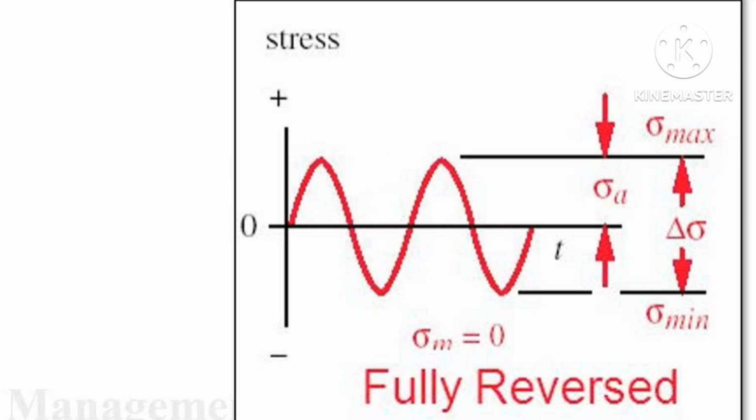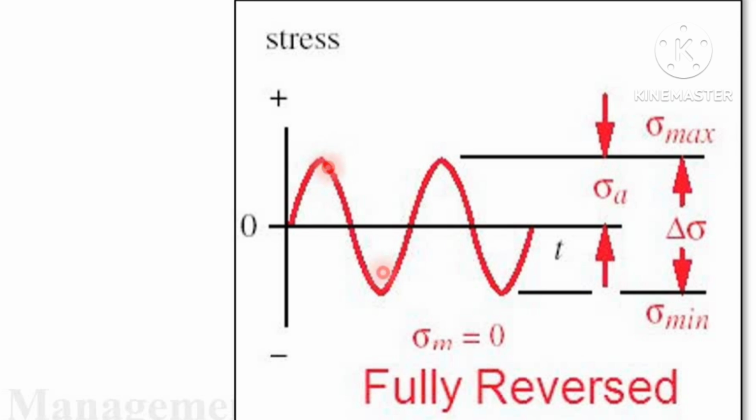First of all, try to understand the meaning of this fully reversed stress. The stress alternates symmetrically, as you can see in this figure, about a zero mean stress. That means first it will be positive and then negative, again positive and negative, but it is a symmetrical figure about a zero mean stress.